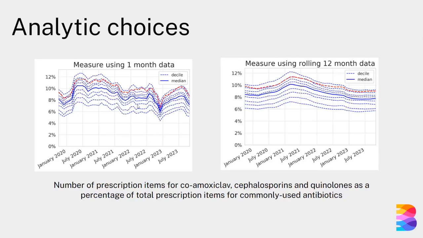Quite interestingly, if you compare the two, you can see there's a big difference here. This is December 2022. There's a really big dip in the percentage of broad spectrum prescriptions in December 22, whereas you can barely pick it up on this rolling 12-month chart.